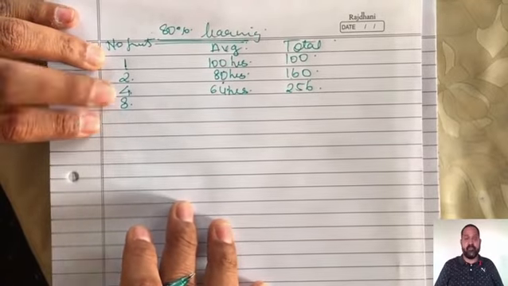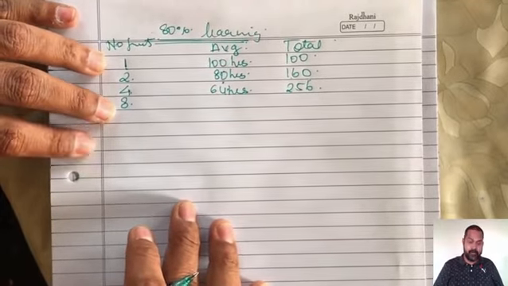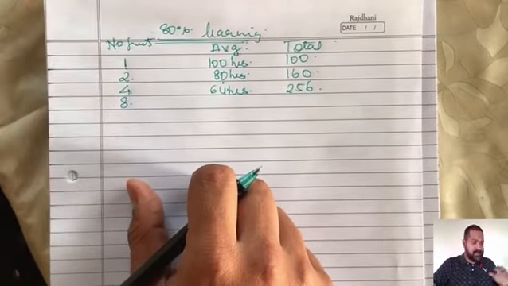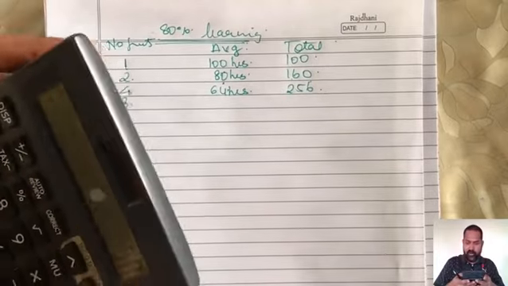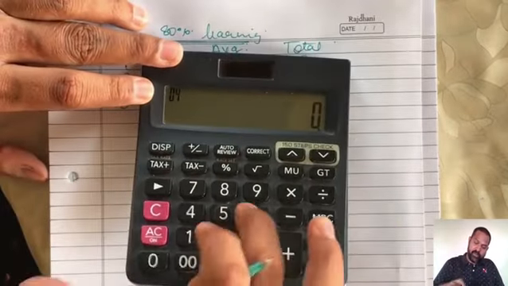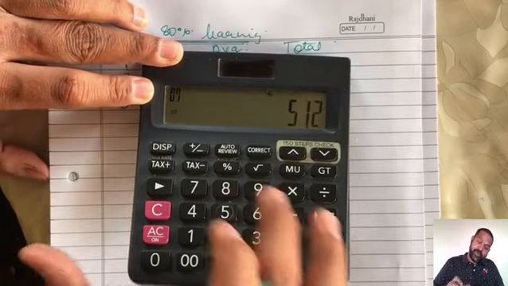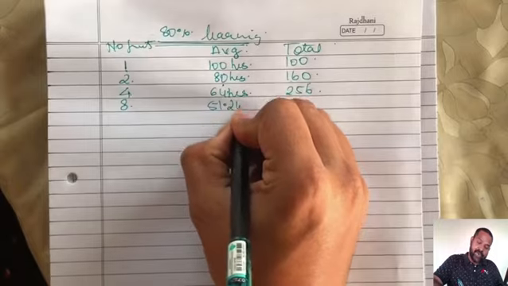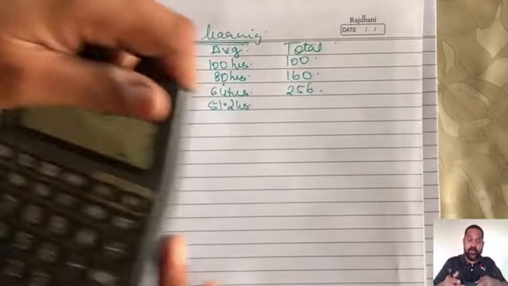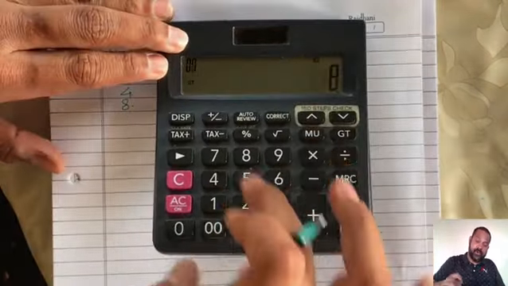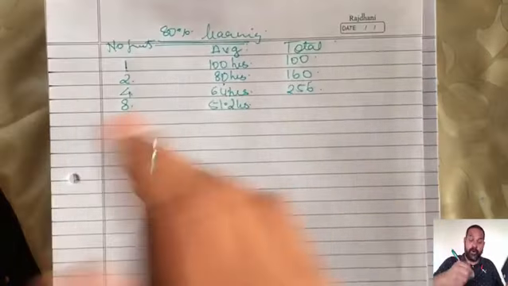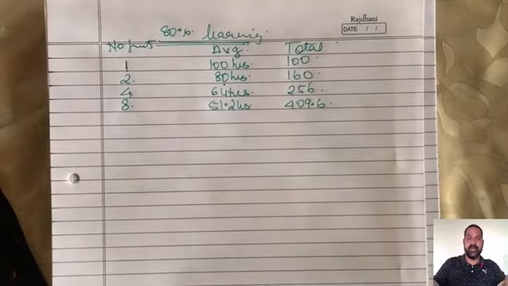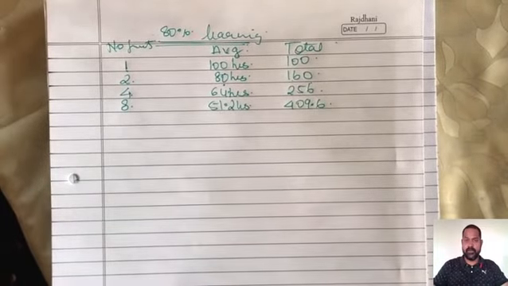And the average time for 8 units will be 80% of the 64. 80% of 64 should be 51.2 hours on an average. Total will be 51.2 into 8, which is 409.6 hours. And this is how the learning curve works.